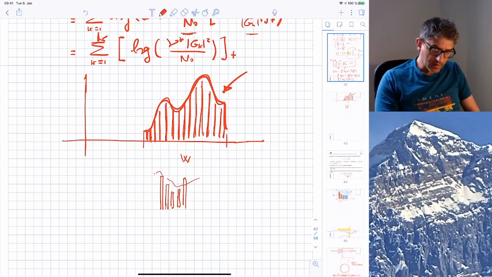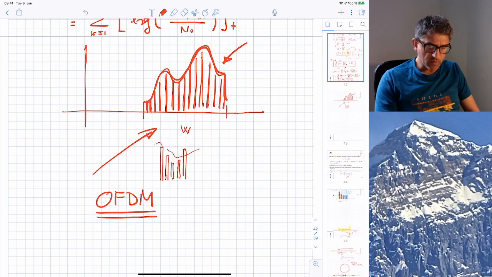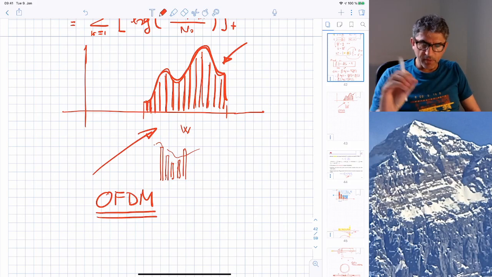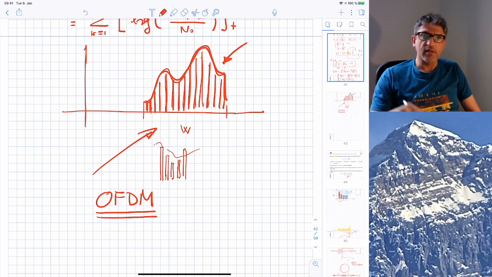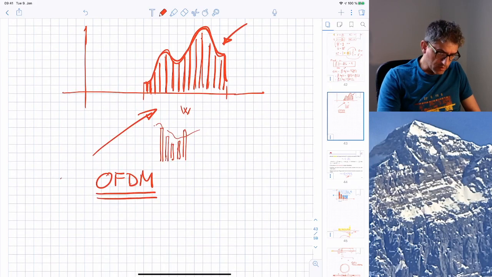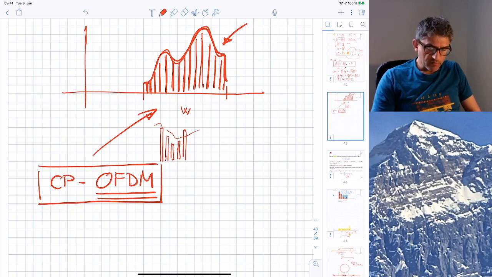So this is exactly what the scheme called OFDM, orthogonal frequency division modulation, uses. It uses this idea of Fourier pre-coding and transformation at the output to go from frequency domain to time domain, and uses precisely the cyclic prefix in order to turn linear convolutions into cyclic convolutions. So this is called CP, cyclic prefix OFDM. There are several other versions of OFDM, but this in fact is used virtually everywhere.